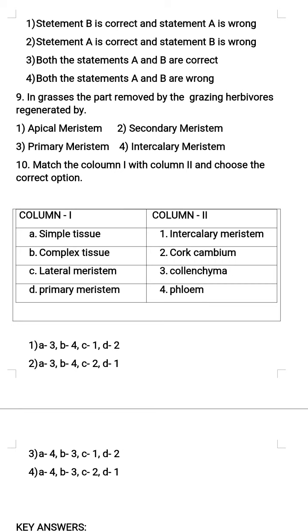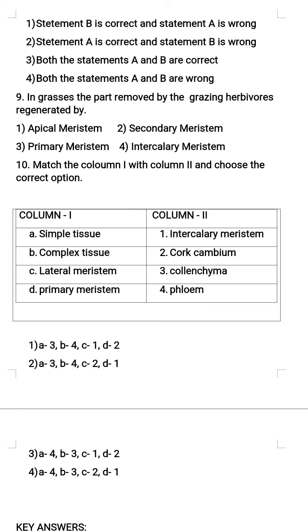The type of cell division is mitotic cell division, also called as mitosis, and this is also called as vegetative cell division. Hence it is taking place in the vegetative parts of the plant, meant for growth.